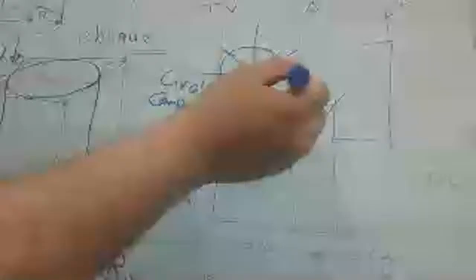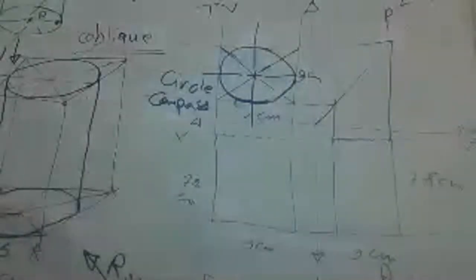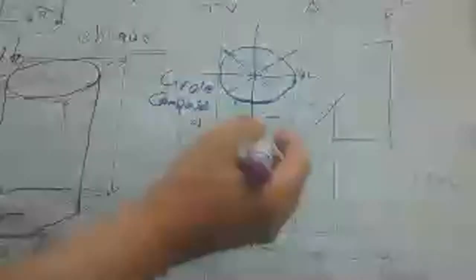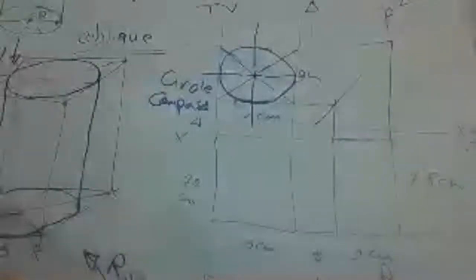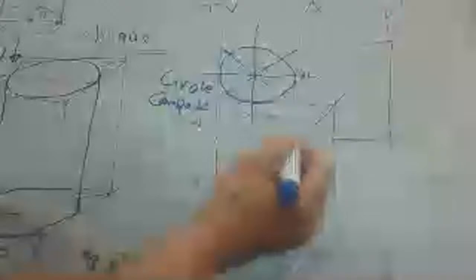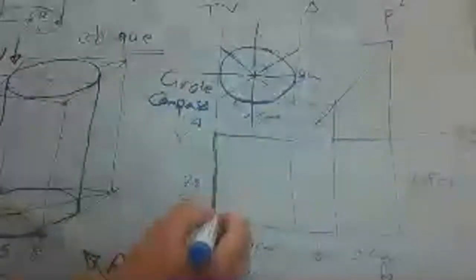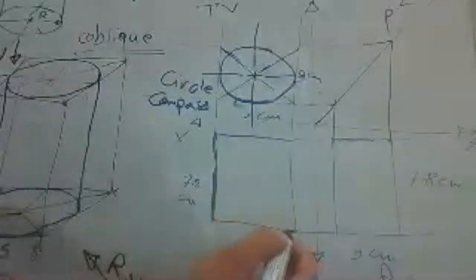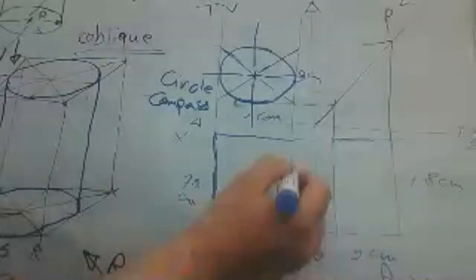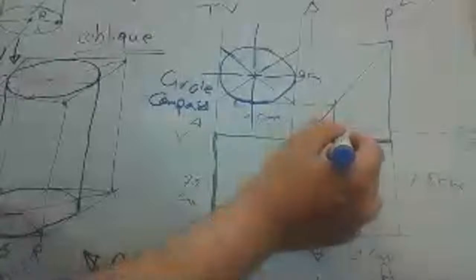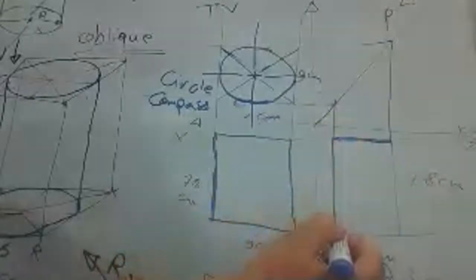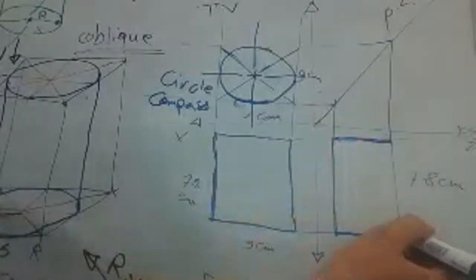And this is the circle and this is the projection of the circle. It's a rectangle. Here for a front view, it's a rectangle. And also here, it's a rectangle.